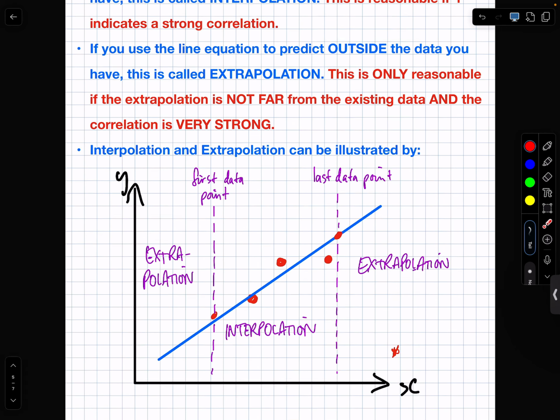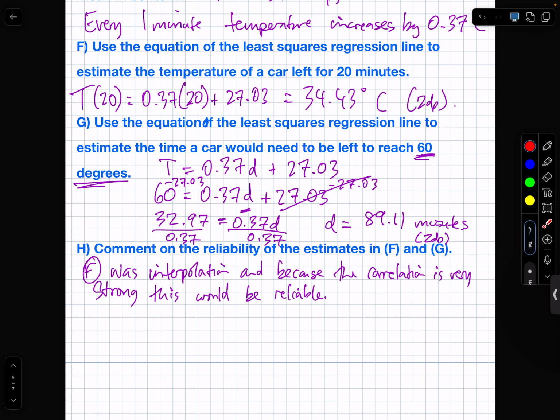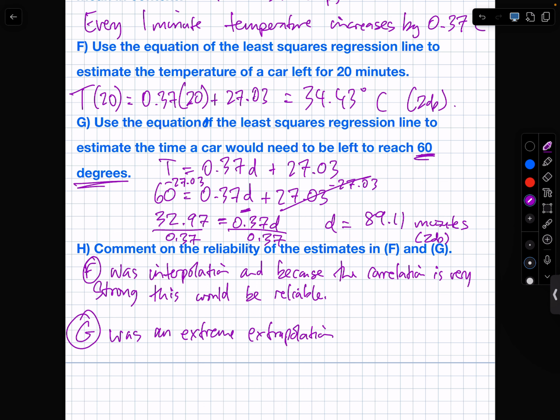So in this question, is G as reliable as F? No, because it's a massive extrapolation. It's way far from the data that we've got. So G was an extreme extrapolation, and even though the correlation is very strong, this would not be reliable.